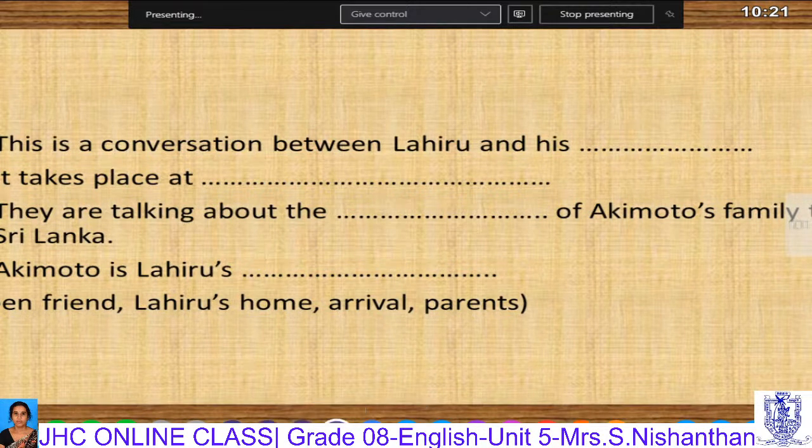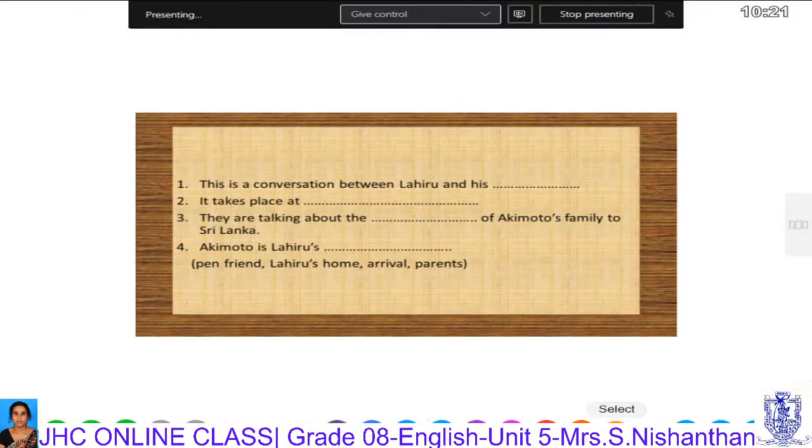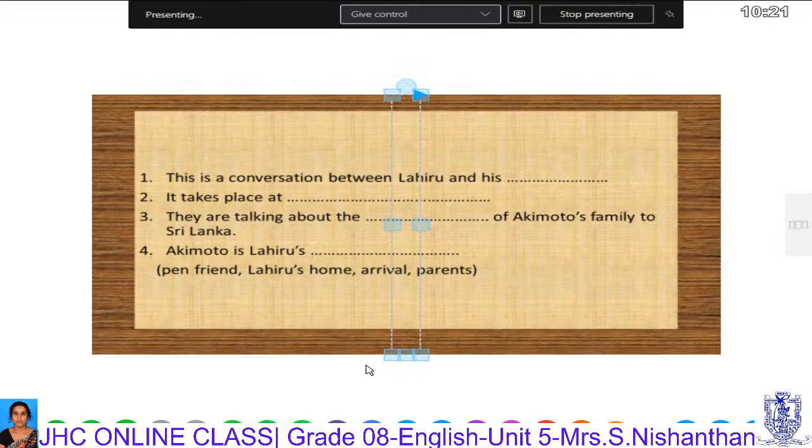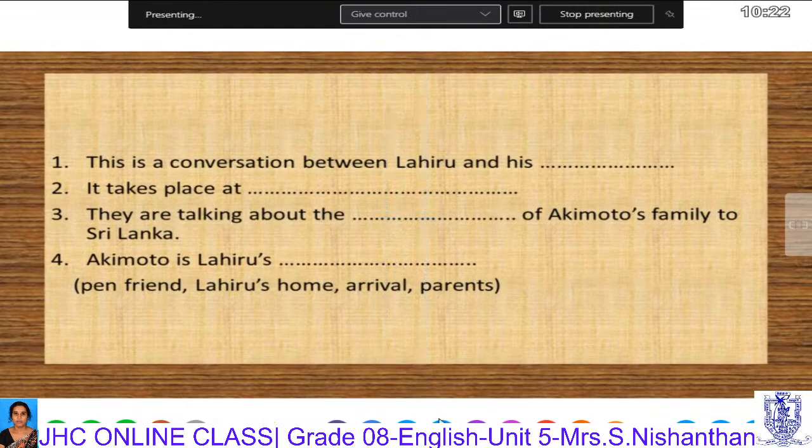Take out your Unit 5 in your textbook. Have an overview of it. Go for a skimming. Don't read it deeply. No need to read it deeply now. By looking at it, you can find out.